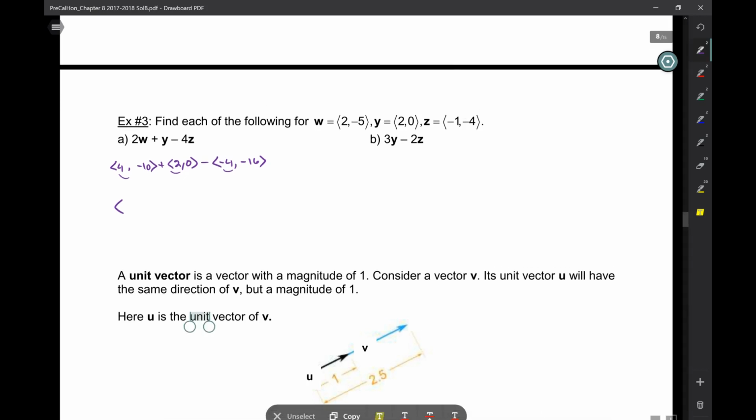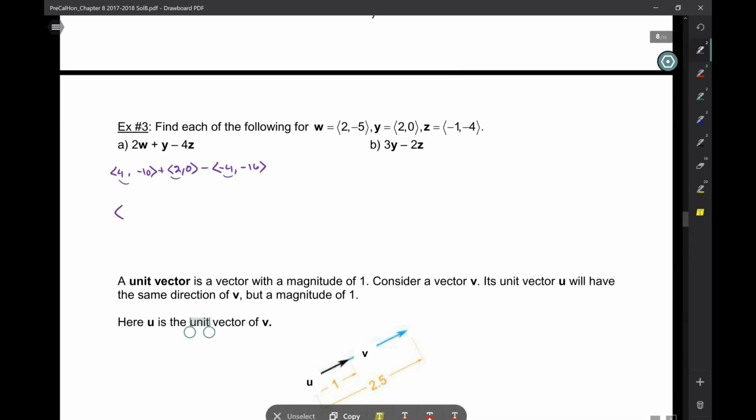Well, it's minus 4 times z. 4 times z is negative 4 and negative 16. Right? So how much is that going to be then? 10, comma, what? 6.